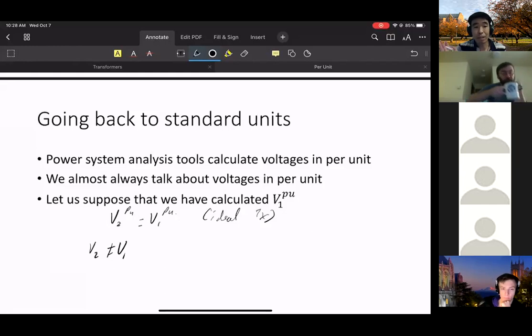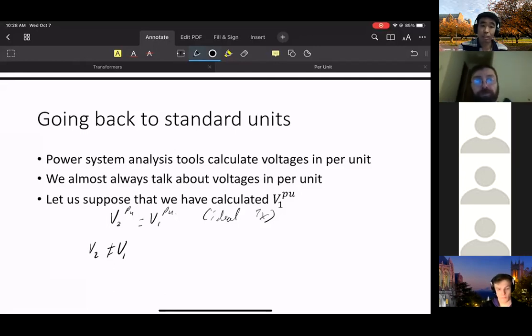That's why if you open up the code for any of the software, the first thing they do is convert everything to the per unit system. Then all the equations are in per unit. A lot of times, the code doesn't even bother to give you back SI units anymore. It just spits out the per unit quantities. As power engineers, you get to be very comfortable in per unit quantities, because you see them most of the time, and it just makes your life a lot easier.